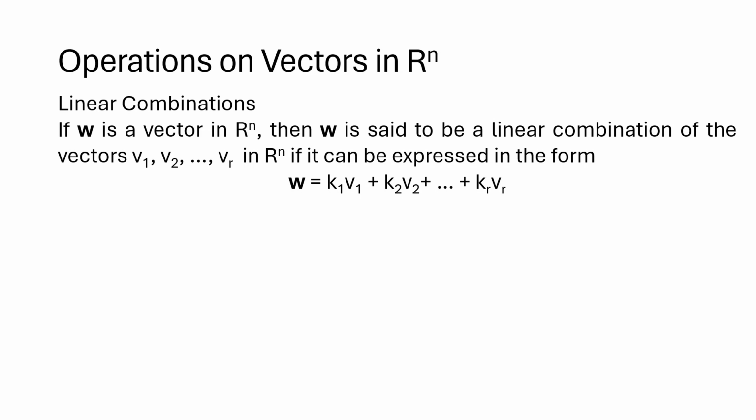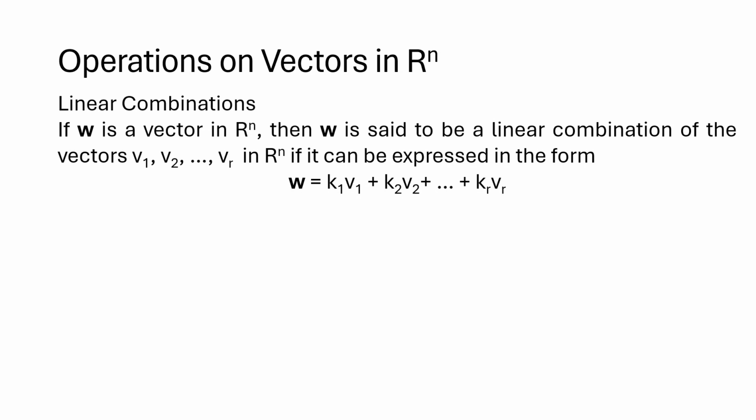For example, if v1, v2, and v3 are vectors in R^n, then you could have u equal to 2v1 plus 3v2 plus v3, and w equal to 7v1 minus 6v2 plus 8v3, which are formed in that way. So in general we will make a definition.